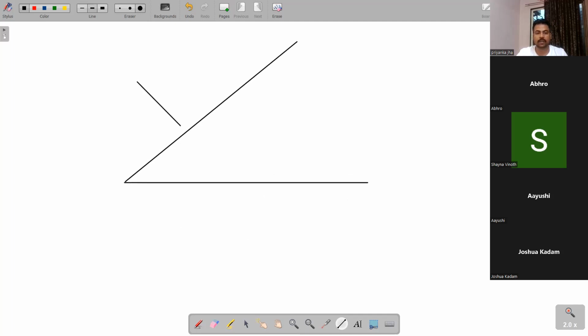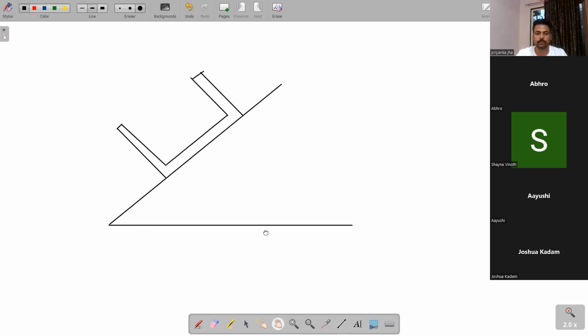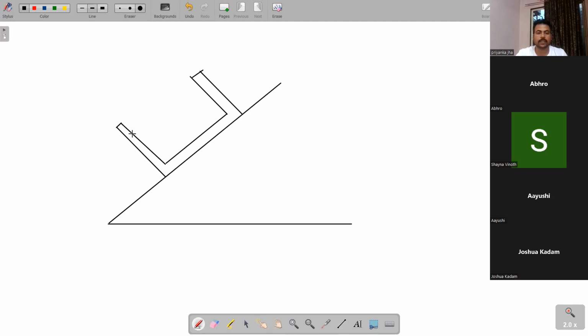Suppose you have one block like this. This is the block which is in contact with this plane. There is a piston over here, and there is a pulley.